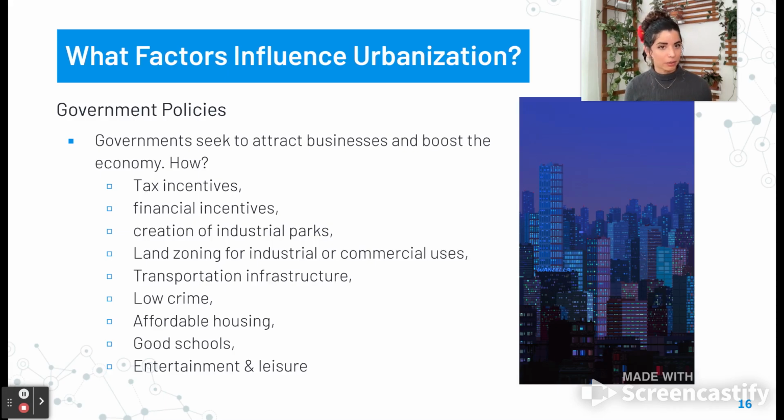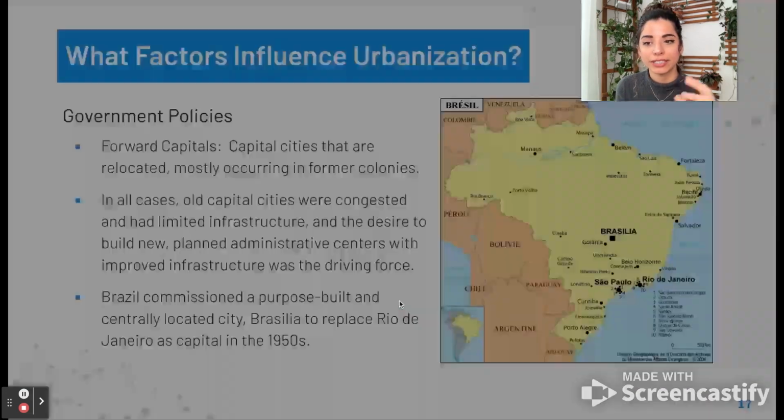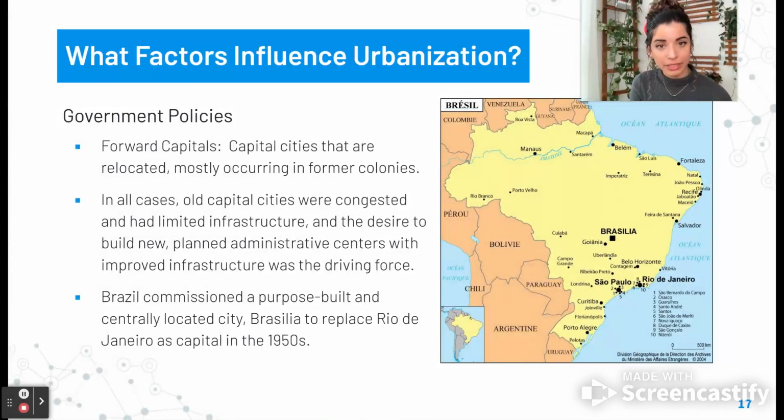That does have to be approved by government policy typically. Transportation infrastructure, so building out maybe highways or ports, things like that. Low crime, affordable housing, having good schools in the area, and then also things like entertainment and leisure can also help attract people to their area and also increase their economic viability.